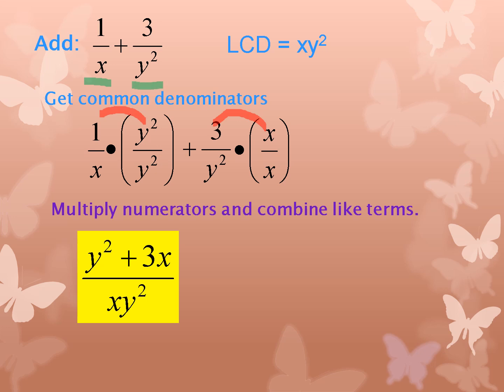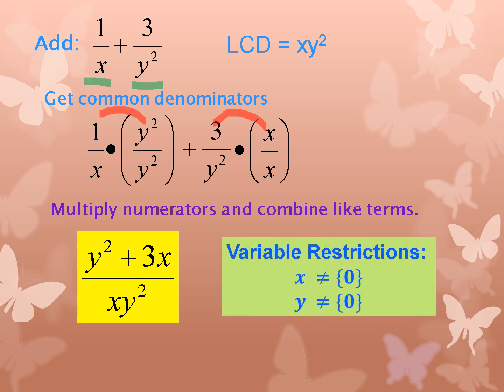And we know that y can't be 0 as well. That stays our denominator all the way through, so we're just going to simply say that x can't be 0 and y cannot be 0. So those are the only two variable restrictions that we have.